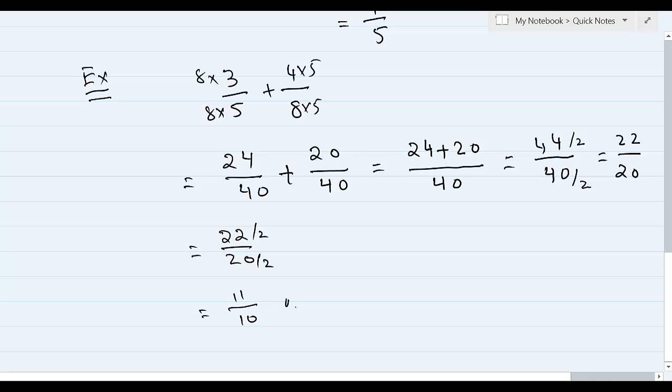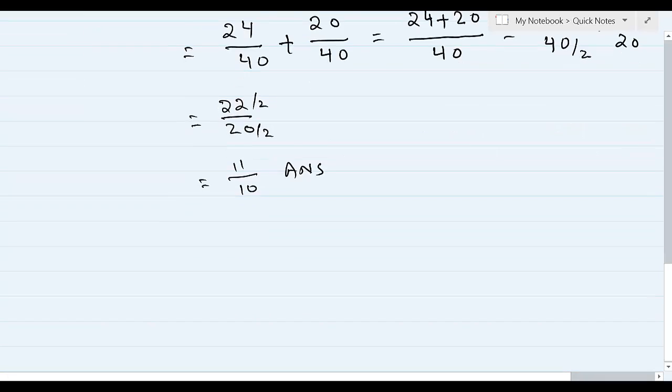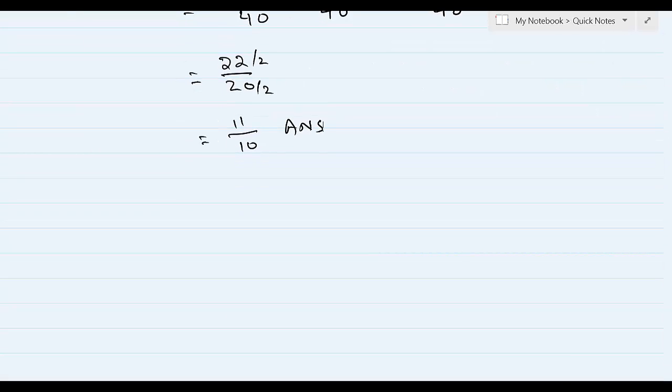So this is in the least form. That's how we add fractions with different denominators. And both of those rules of addition will still be valid if both fractions have the same sign. They will be added, and if one sign is different than the other one, then the fractions will be subtracted, but whichever fraction is bigger, that will carry the sign.